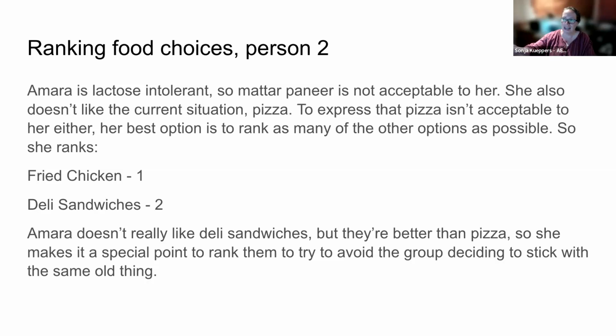She has to rank all the other options that are acceptable to her to express that. So she ranks fried chicken first, and she ranks deli sandwiches second. She isn't excited about deli sandwiches, but because they're better than pizza, she makes it a special point to rank them in order to try to avoid having the group decide to stick with the same old thing. So this is what I mean by choosing an option that's acceptable to you, even if you don't love it.